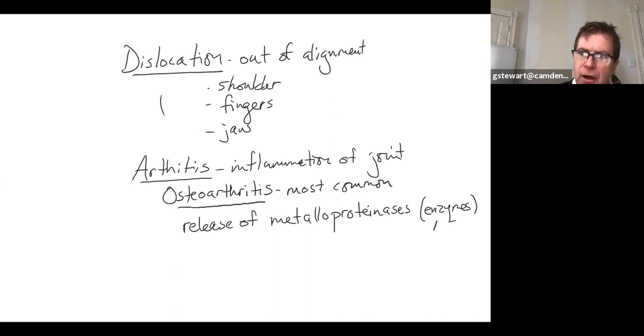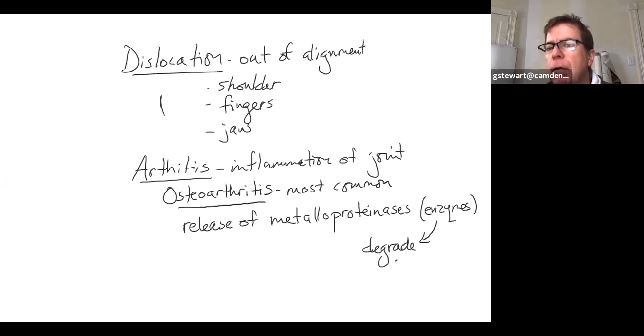And then it's thought quite possibly that these enzymes degrade articular cartilage, especially the protein collagen. I'm going to write collagen in parentheses. And that precipitates the wearing away of the cartilage and the grinding of bone on bone, causing that osteoarthritis.